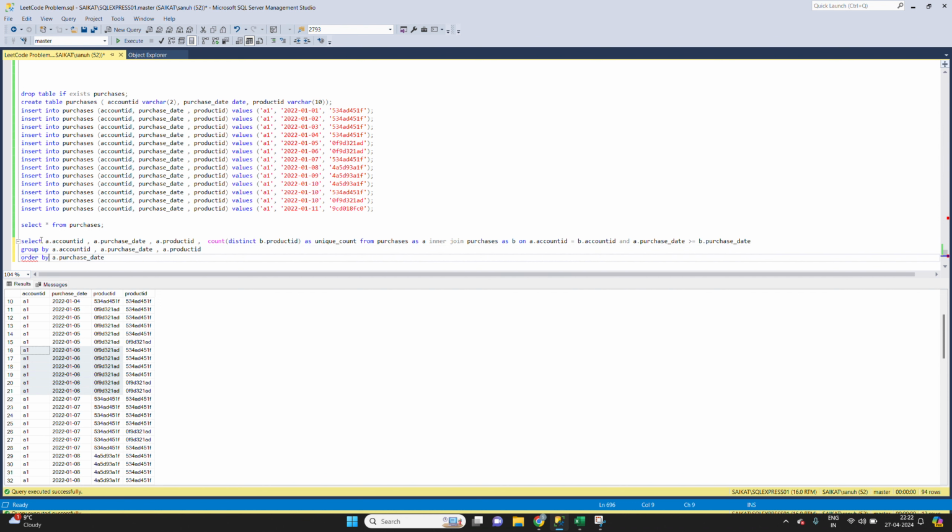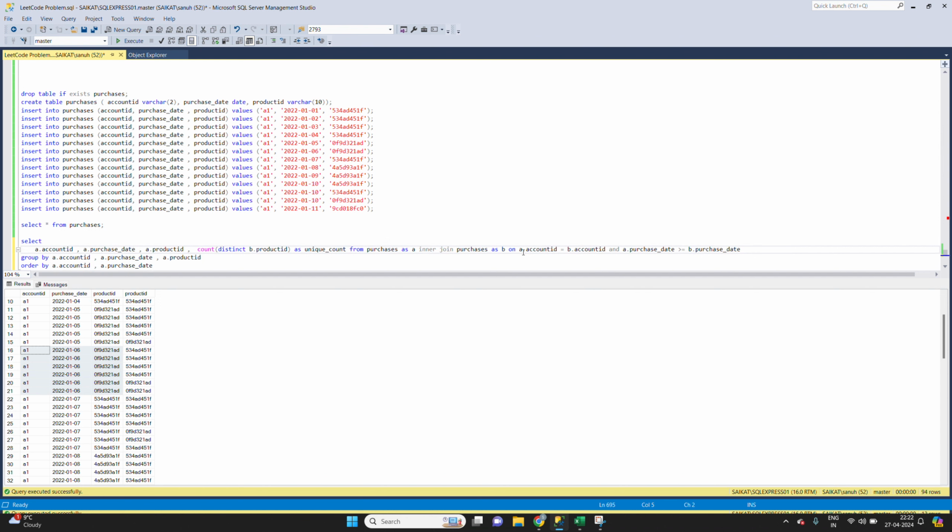And I'm giving order by A.account_ID just because if we have more than one account, that's why I'm giving A.account_ID. So I'm just writing like this.